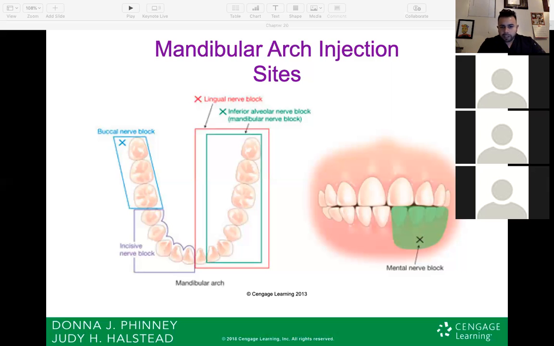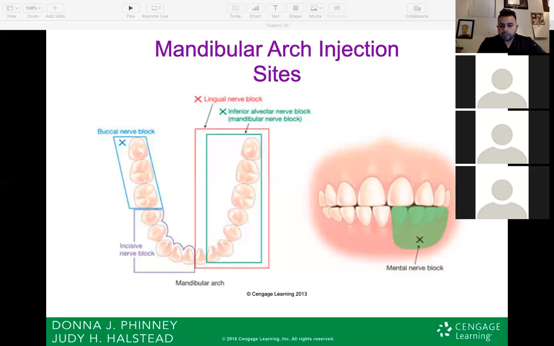The last nerve block that we'll talk about is that mental nerve block. Those of you who are in Den 160, when we talked about landmarks, if you remember where that mental foramen is, that's exactly where we want that anesthetic to go, right inside that mental foramen, or that hole on our lower jaw in this area here.